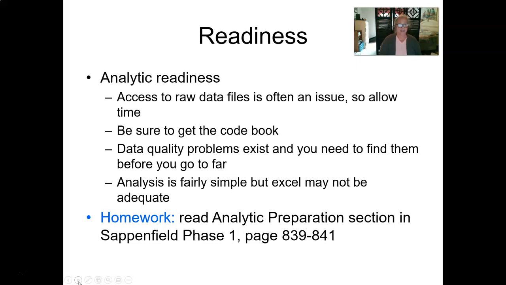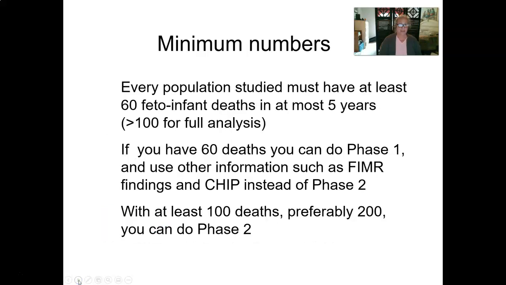Analytic readiness is actually a section in the first article by Sappenfield, so it would be good to read that. There is a minimum numbers requirement for PPOR, and that is 60 deaths. 60 deaths will get you through the phase 1 analysis with some pretty wide confidence intervals, but at least you can draw some conclusions.